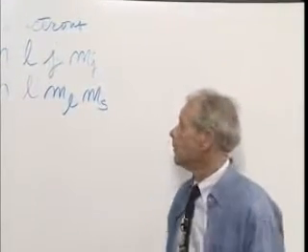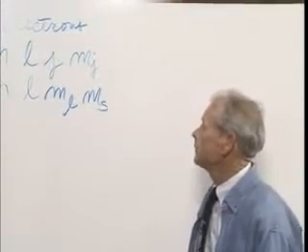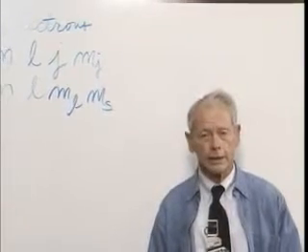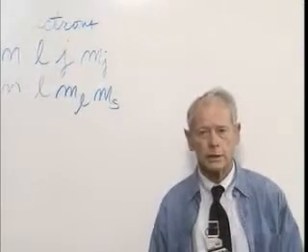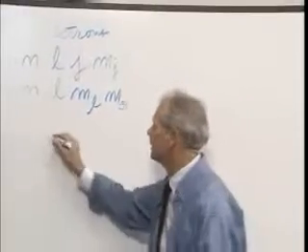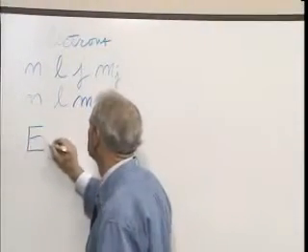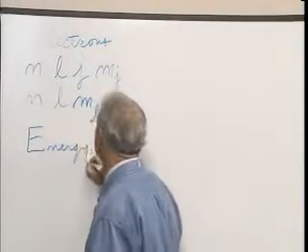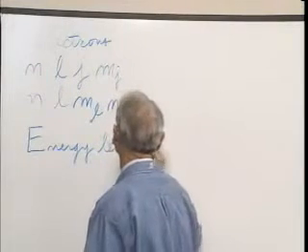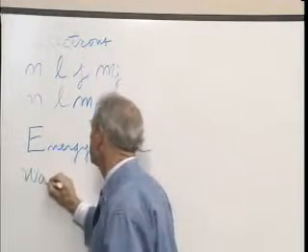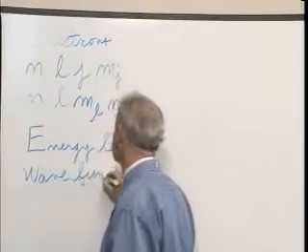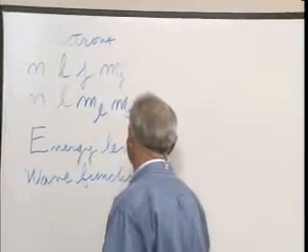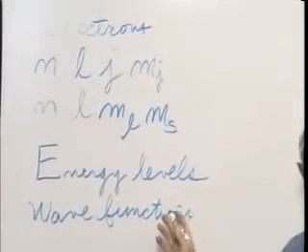Now, what else do we think about for notation? Well, atoms are characterized by 2 things: their energy levels and the wave functions. These are coupled together, as you know from your quantum mechanics course.